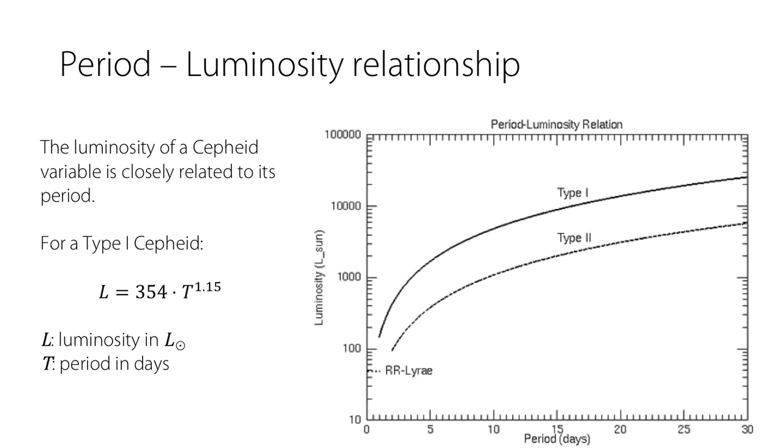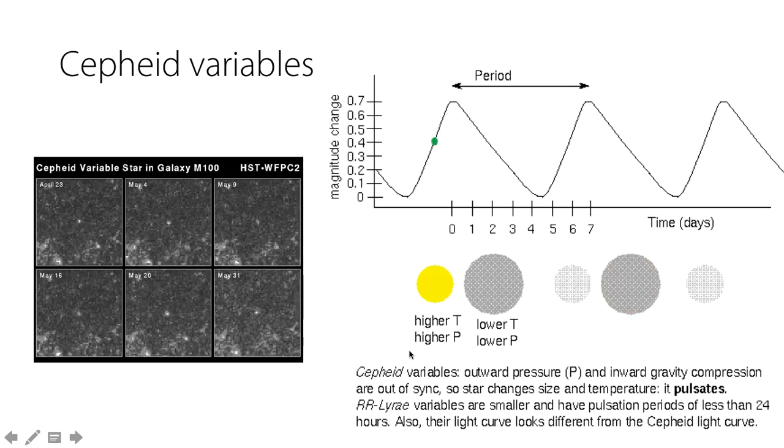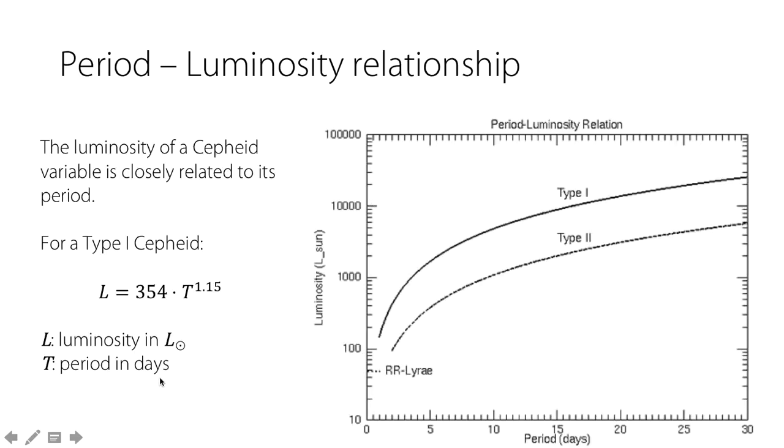And the great thing about Cepheid variables, why we absolutely love them, is because if you know the period, T, this is T period, not temperature, I apologize for the confusion, which is the time taken between 2 equal points on the star's variability chart, then you know the luminosity.